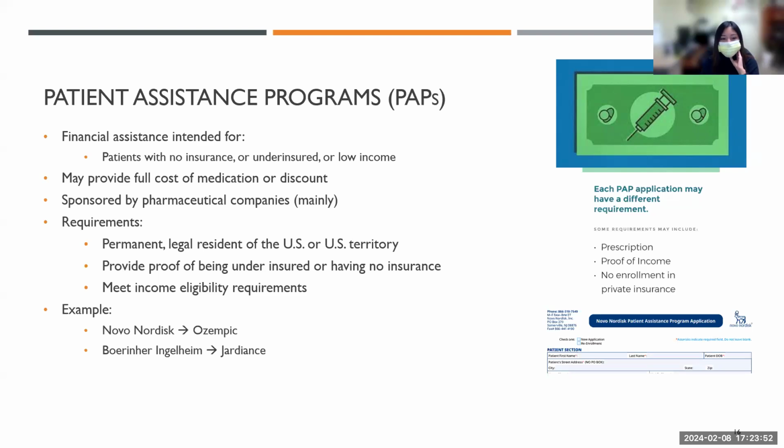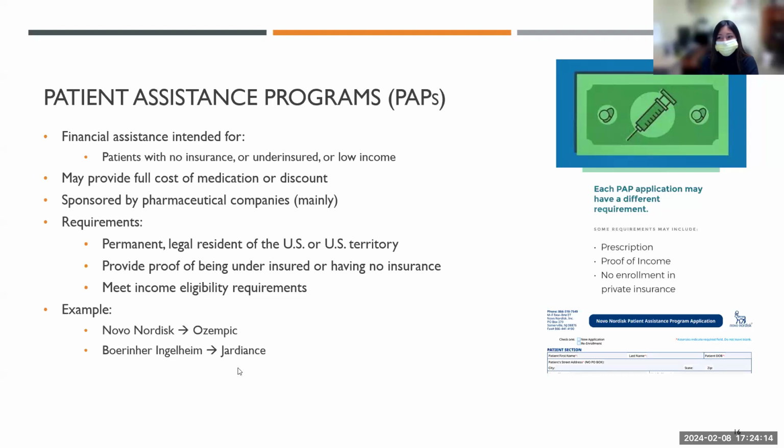For example, for Ozempic, the actual manufacturer website is Novo Nordisk. So if you go on the website for Ozempic, they're not going to advertise or show information about patient assistance programs. But if you go to the Novo Nordisk website, they will have information about how to apply. Same with a medication called Jardiance.